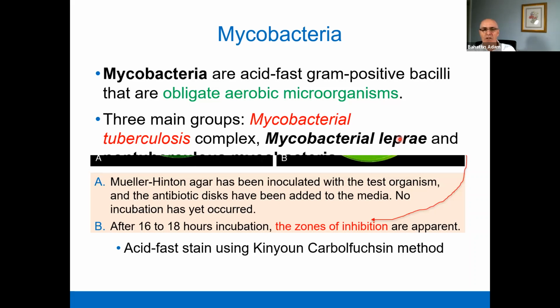Mycobacteria are acid-fast gram-positive bacilli and are obligate aerobic microorganisms. There are three main groups of this type of bacteria. Mycobacterium tuberculosis, as the name implies, causes tuberculosis, maybe the most common lung infectious disease caused by mycobacteria.